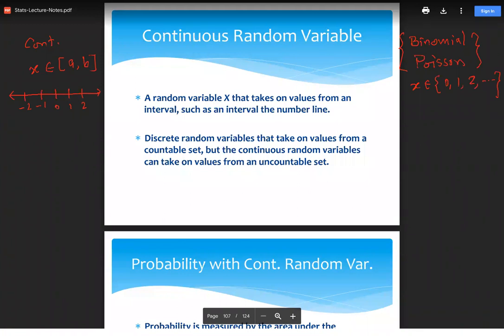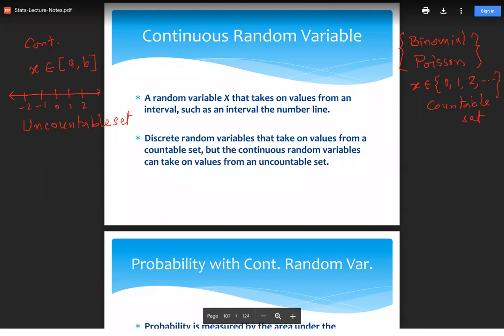Now, another distinction: for discrete random variable, it is countable. It's coming from a countable set. Whereas for the continuous random variable, it's coming from an uncountable set. Countable set versus uncountable set.